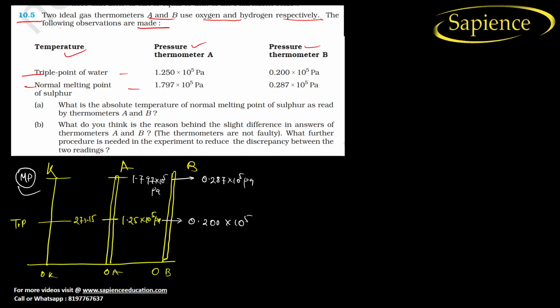Separately we have to take it for A. When we talk about thermometer A, we need to find that the ratio should be equal to this ratio.